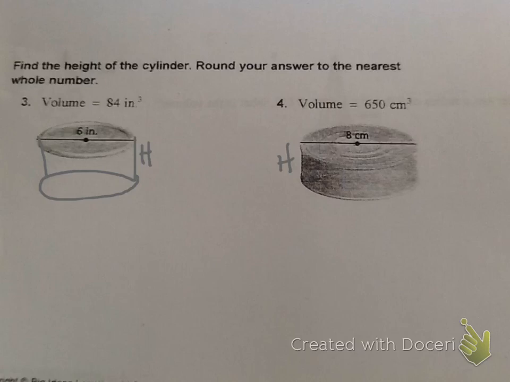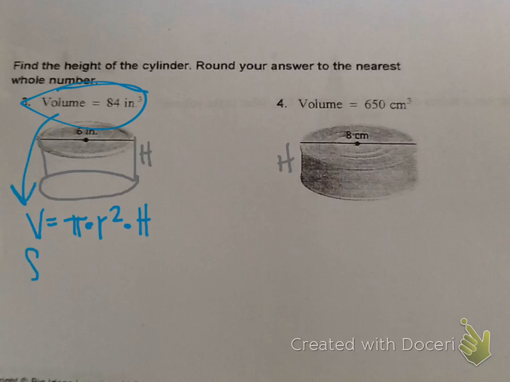And so on this first one, the way that I would solve these is I would say, okay, I know that the volume is pi times radius squared times the height. I know the volume is 84, so I can fill that in. I'm going to change pi to 3.14. I know that the diameter is 6, so the radius is 3. And 3 squared is 3 times 3, which is 9.